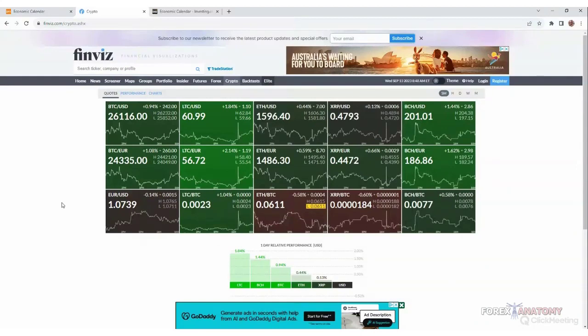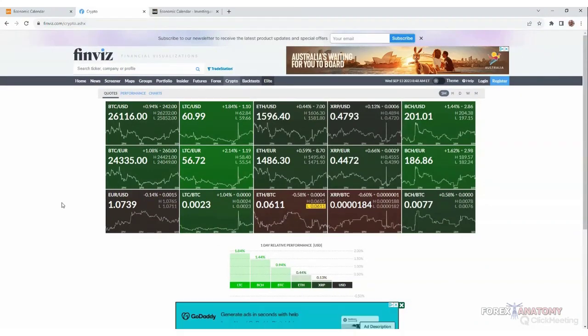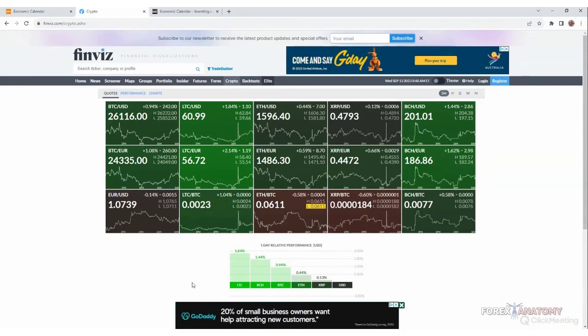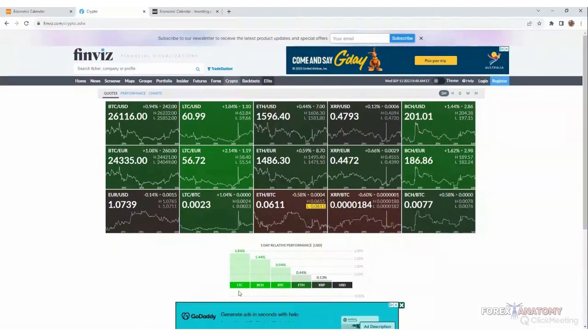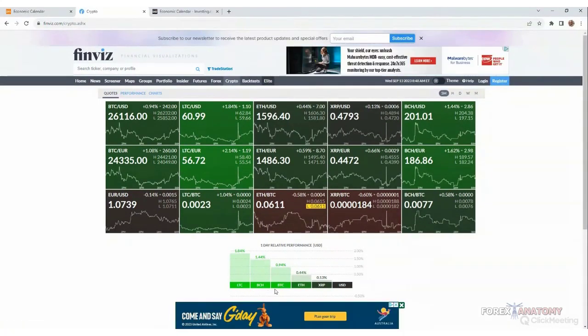It seems like the digital space is trying to rebuild its luster and its appeal to move higher. So for today, Litecoin is the leading digital coin, followed by Bitcoin Cash and Bitcoin. And then the US dollar, of course, is the weaker in the digital space. And then Ripple, as well.